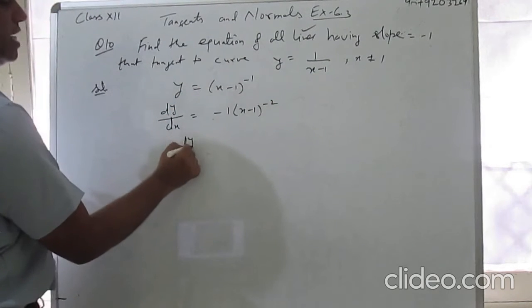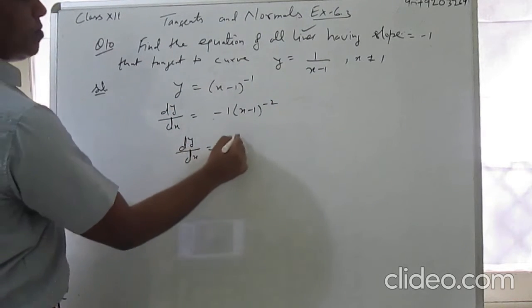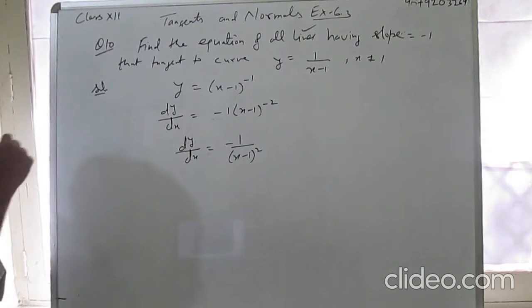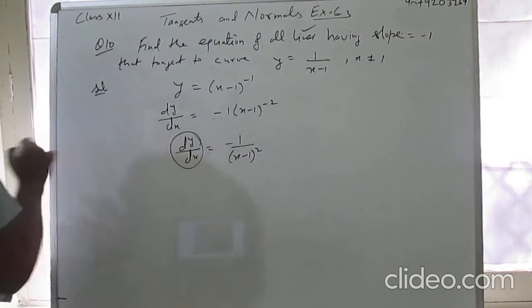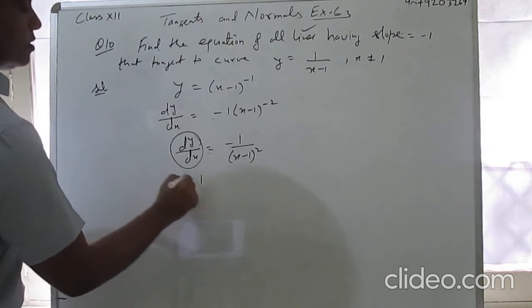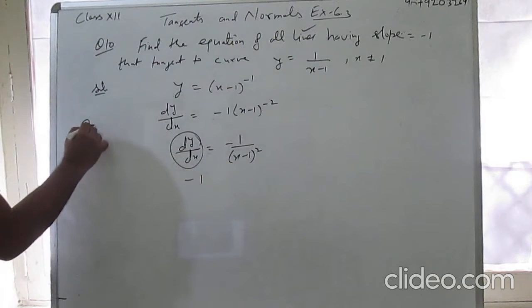So dy by dx is equal to -1 upon x minus 1 whole square. Now slope is given to you, dy by dx is given to you.